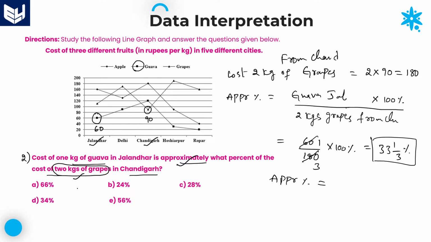So look at the options. Among the options, the value which is very close to 33 1 by 3 is approximately 34 percentage, which is option D. Option D is the right answer for this question. Option D.